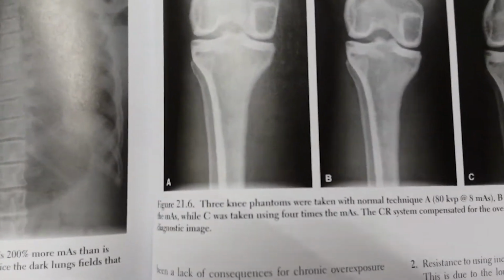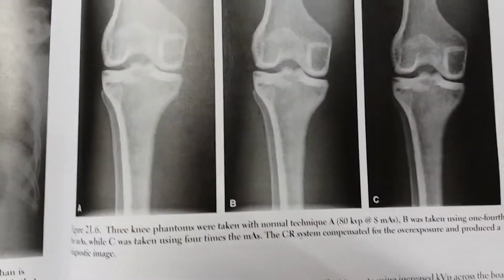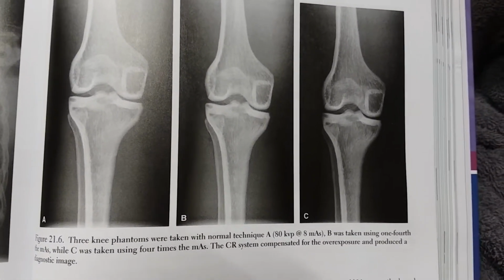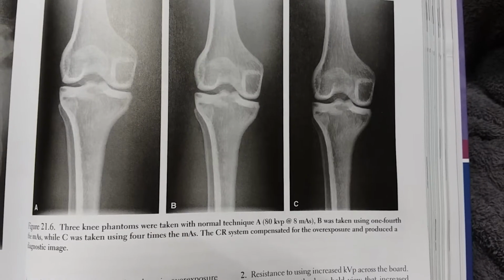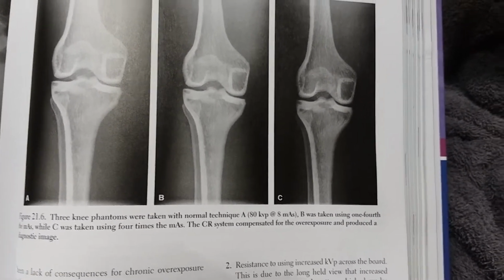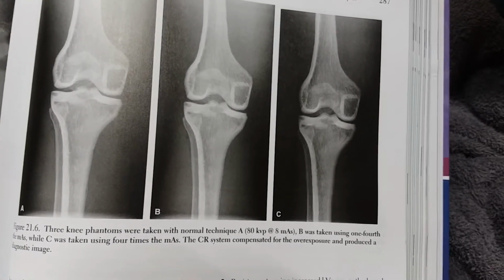Okay, then over on figure 21.6, they're showing you techniques that are underexposed. I believe it says the knee phantom in figure A was taken at 80 kV and 8 mAs, B was taken with 1/4 of that mAs, and C was taken with 4 times the mAs.